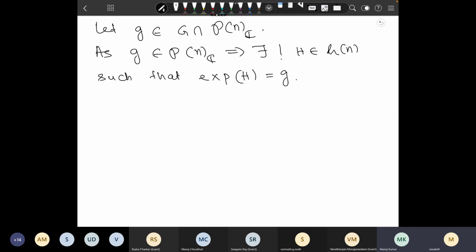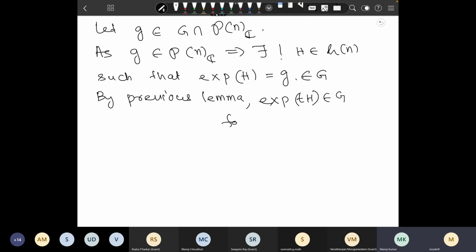But this g belongs to G, and G is pseudo-algebraic, and H is a Hermitian element, so I can apply the previous lemma. By the previous lemma, you will get that the exponential of tH belongs to G for all t belonging to R.